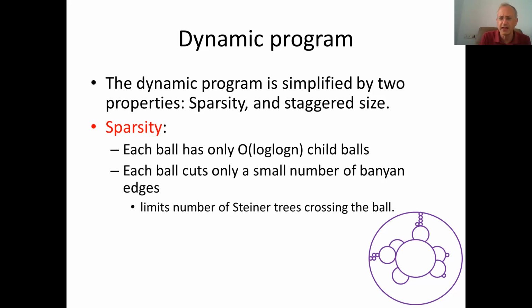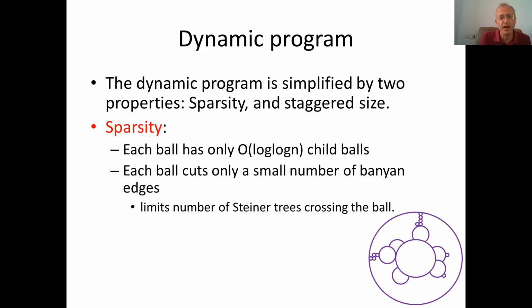That has to do with the fact that the smallest of the child balls is 1 over log n times the size of the bigger ball, and then if you take discrete sizes, the sizes that jump by 2, there are only log n distance scales, and because of sparsity, every distance scale only has a constant number of balls, so you end up with a small number of child balls.